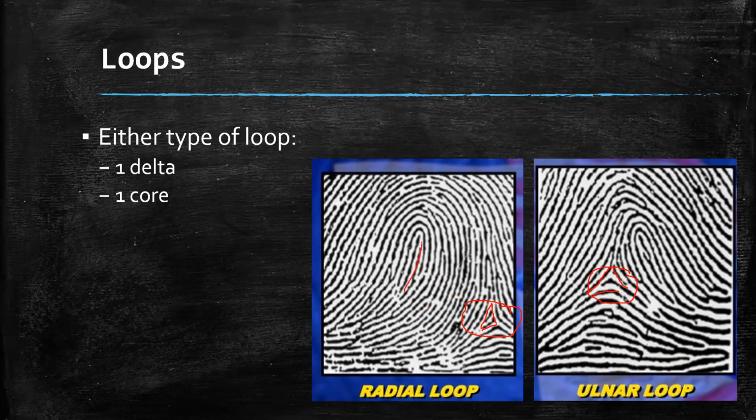And this core is generally in this area right here. So you just find the very center, and that's your core. And it should have one delta. So loops have one delta always and one core always. The delta in this picture is very far from the core. The delta in this picture is very close. So sometimes the delta is very far away. Doesn't mean it's not there.